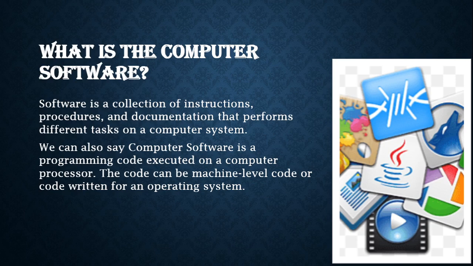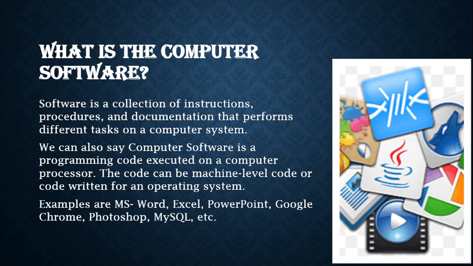We can say computer software is programming code executed on a computer processor. The code can be machine level code or code written for an operating system. Examples are MS Word, Excel, PowerPoint, Google Chrome, Photoshop, MySQL, etc. So software is actually the procedure or instructions that runs the computer.